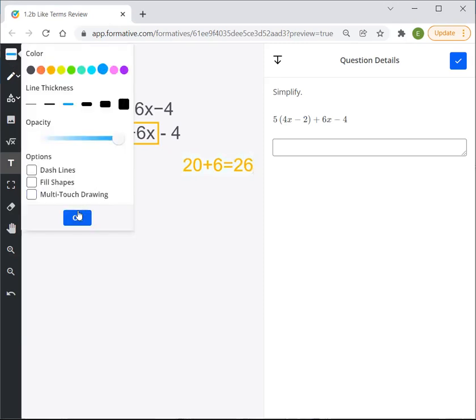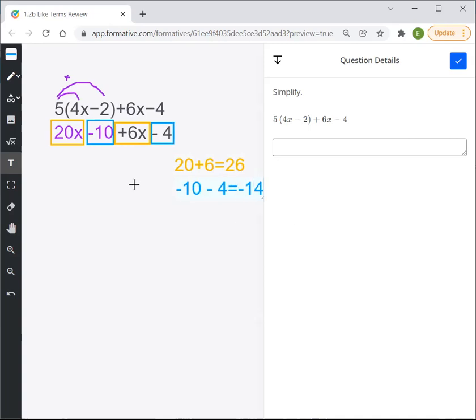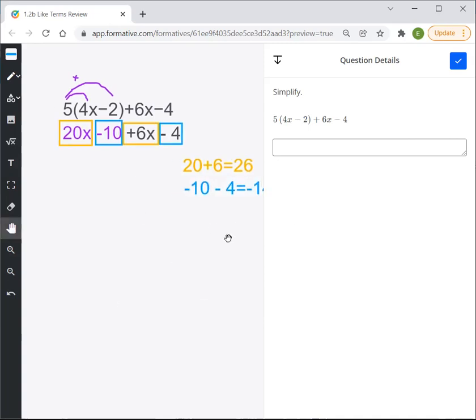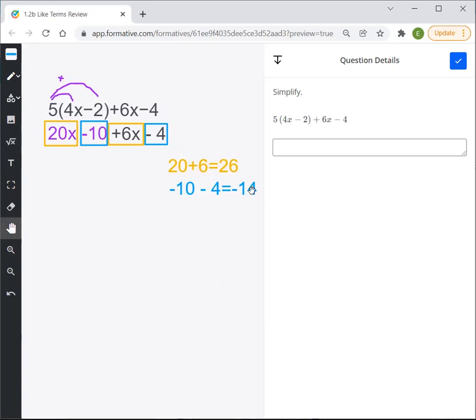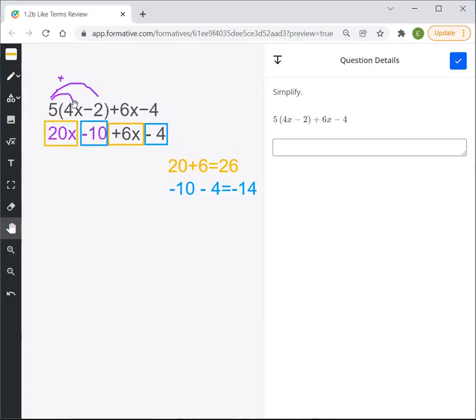And then we want to go ahead and add the constants. So we want negative 10 and negative 4. So negative 10 minus 4, okay, that is negative 14. Then if we put these two things together, remember that those orange were our x's.